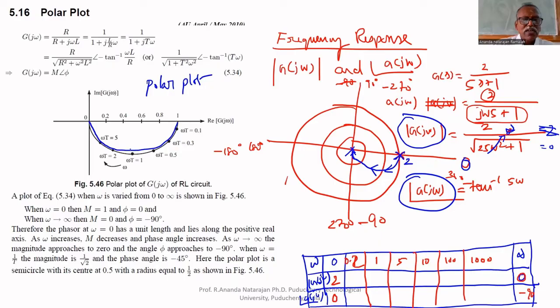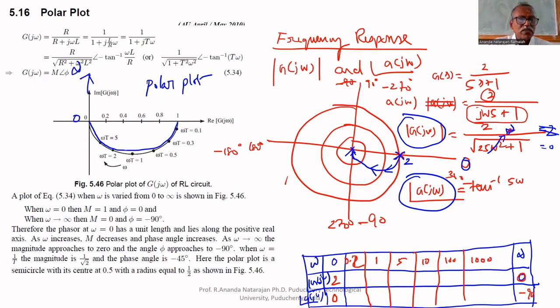Because what is the polar plot? Actually, what we varied is omega. In other words, we substituted along the j omega axis, from 0 to infinity. Am I correct or not? We substituted the values from 0 to infinity, and we found the magnitude and angle and plotted.